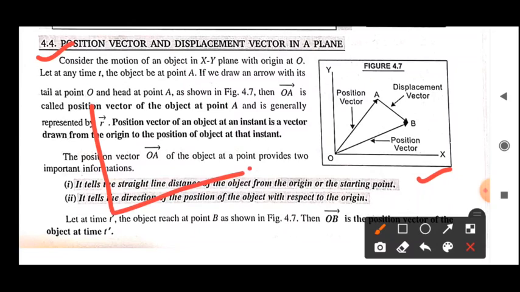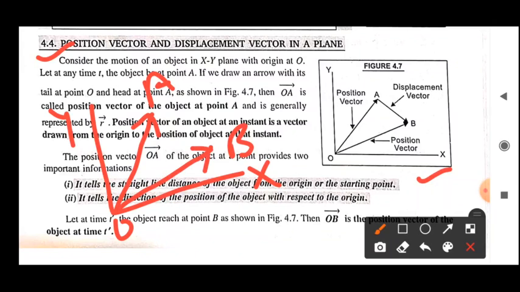This is X, this is O, this is Y. This is point B, and this is point A. The position of point A with respect to the origin: if we draw a vector from O to A, a straight line with an arrowhead, then this OA is known as the position vector of A. Similarly, OB represents the position vector of B, meaning it gives us the position of B.